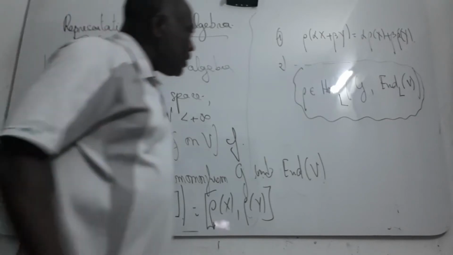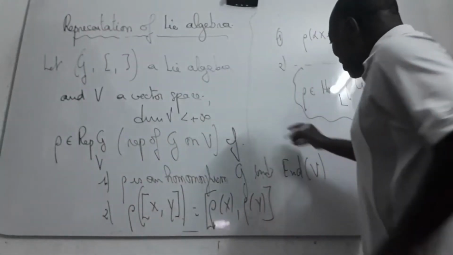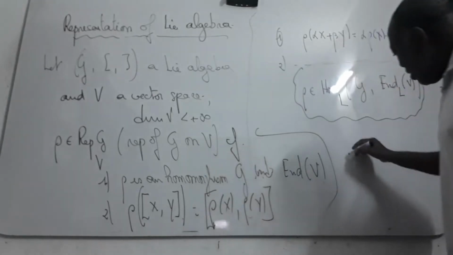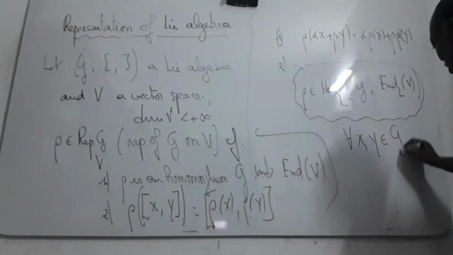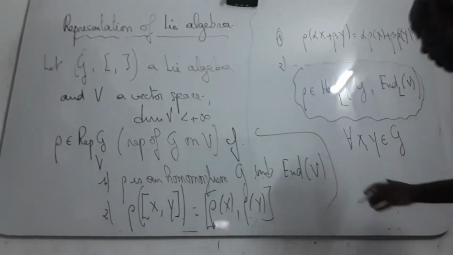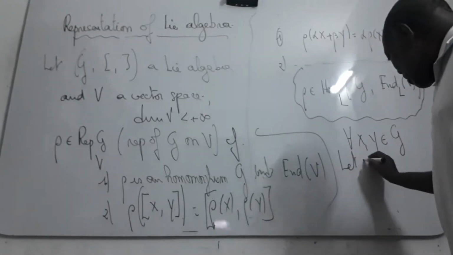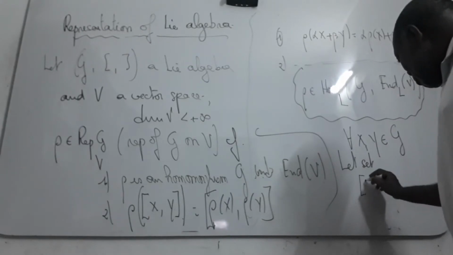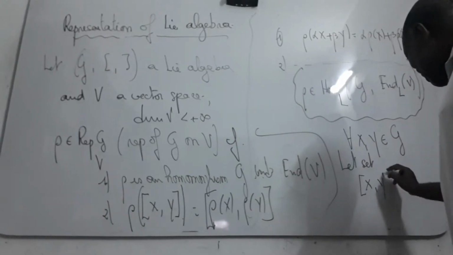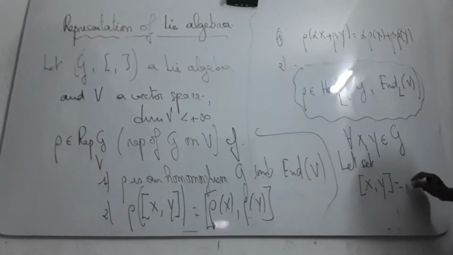Okay, there is a particular case of vector space. For all x, y in your Lie algebra, let's set the bracket of x and y equal to ad x of y.